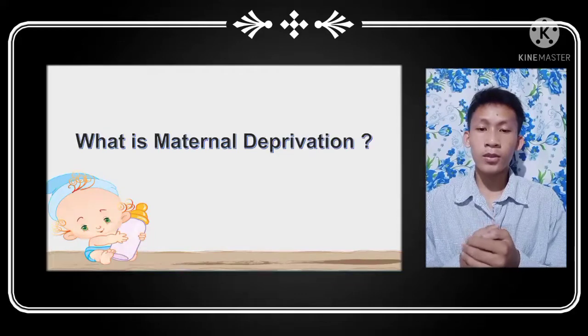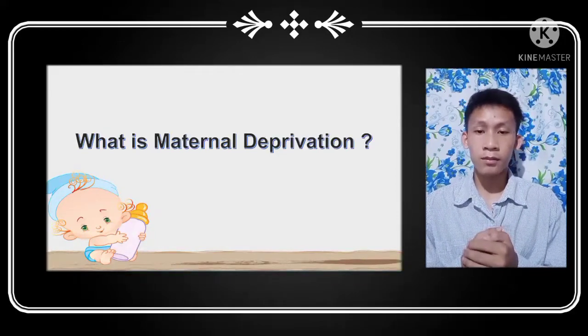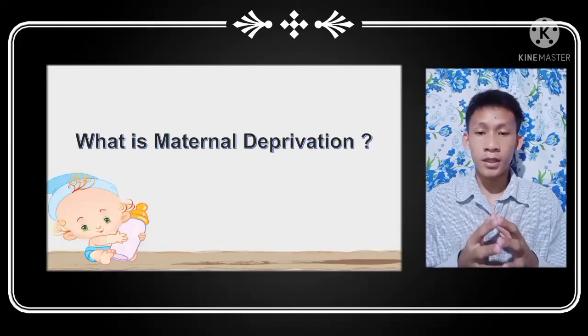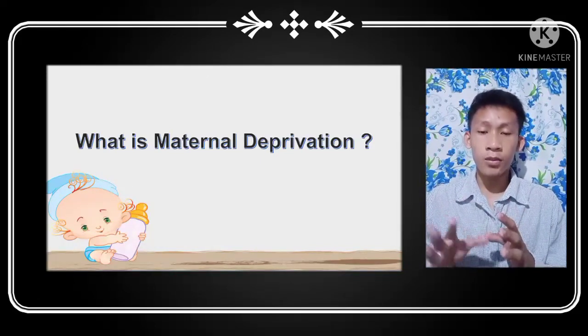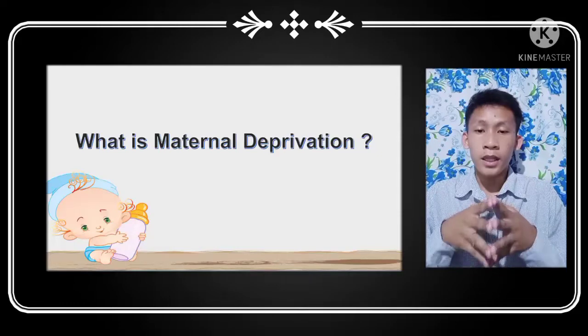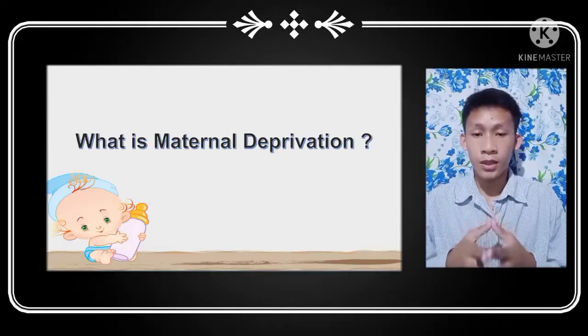As we look at the two pictures below, they show the maternal care and maternal deprivation process. On the left side, we see the maternal care. It means the love and care of the mother to his or her child.